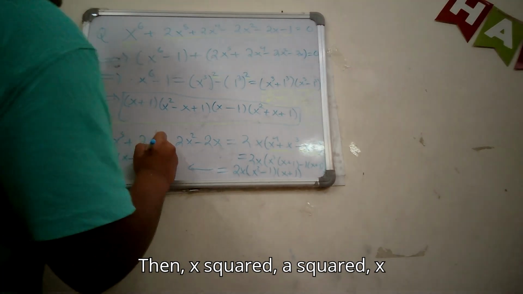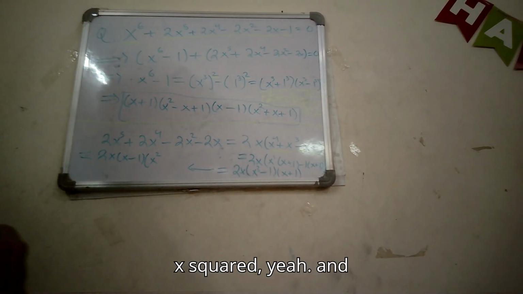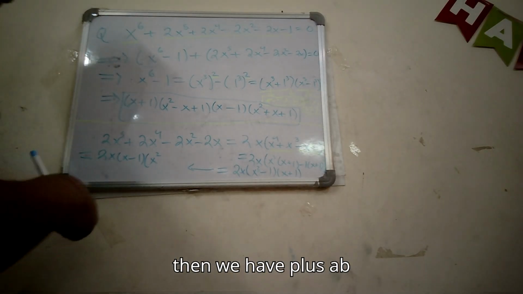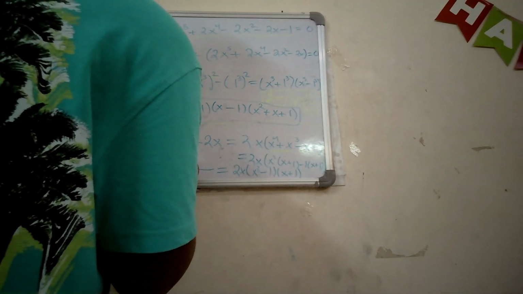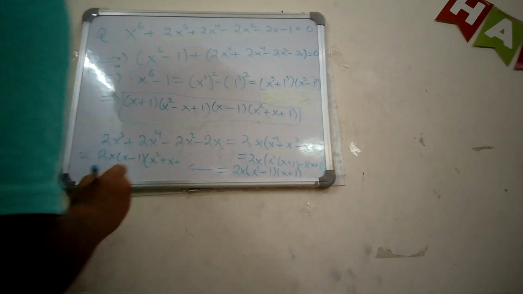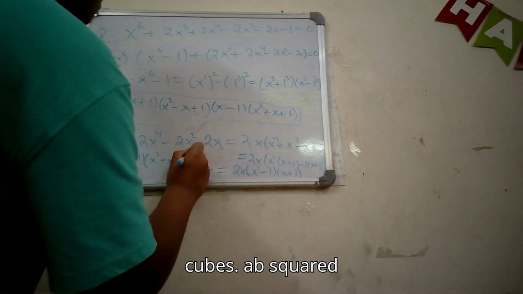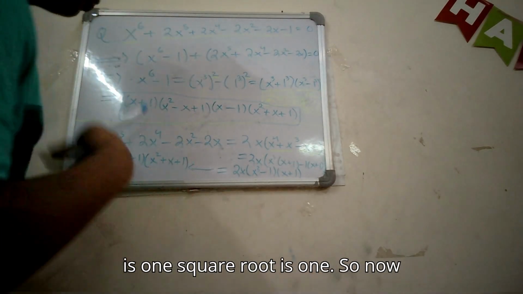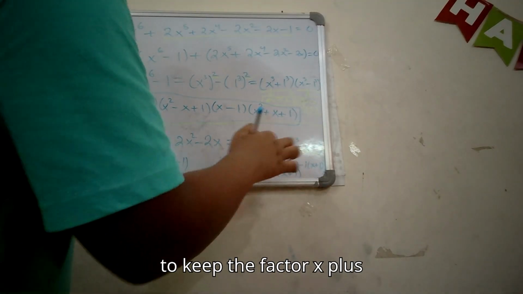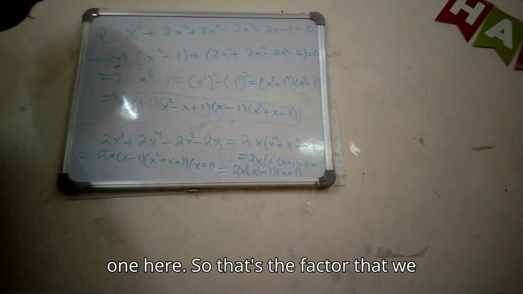Then x squared, a squared, plus ab, plus x, plus b squared, 1 squared, is 1. Okay, so that's how we did the difference of cubes. And then we have to also make sure to keep the factor x plus 1 here. That's the factor that we factored out basically.